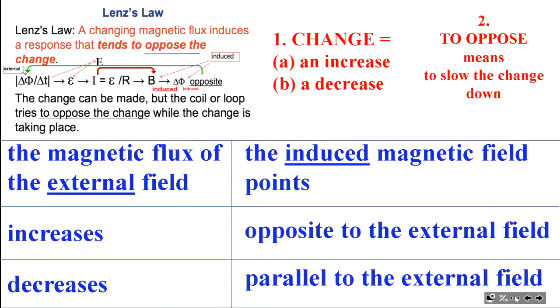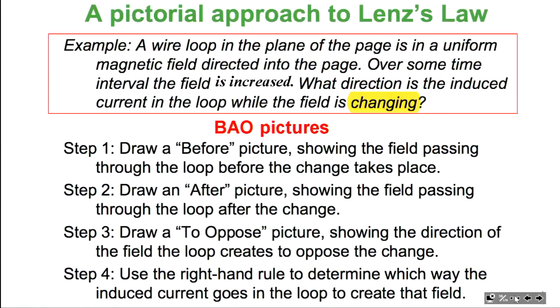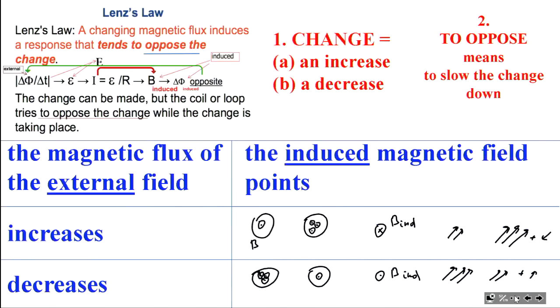So instead of memorizing 4 pictures, you can now use this rule. To use this rule, a method has been developed which is based on drawing 3 pictures. Picture number 1 has a name, before, meaning before the change had happened. Then, after, and the last picture has a name, to oppose, but that's just slang, a term.